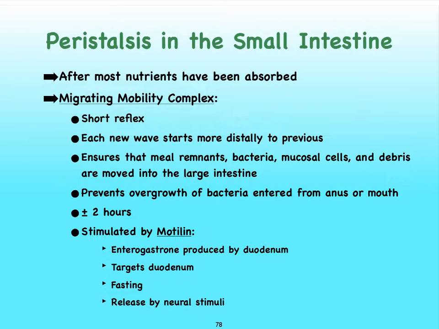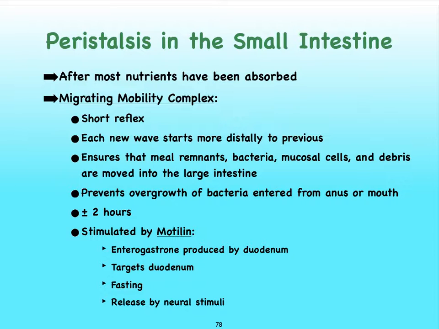With the help of these peristaltic movements or contractions, we'll also see that old cells that need to be sloughed off will make it into the large intestine. Any kinds of bacteria, meal remnants, these peristaltic contractile forces will ensure that all of this stuff will literally make it into the large intestine.